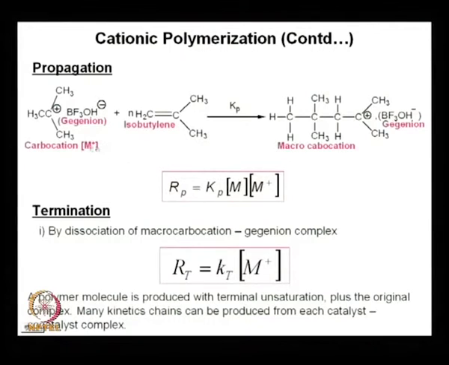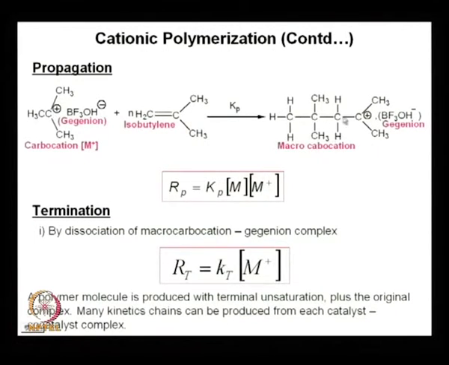Look at the propagation. This carbocation and Gegen ion complex, when it comes close to a new fresh molecule, continues adding to this cationic site and increases its length, and this is known as macro carbocation.